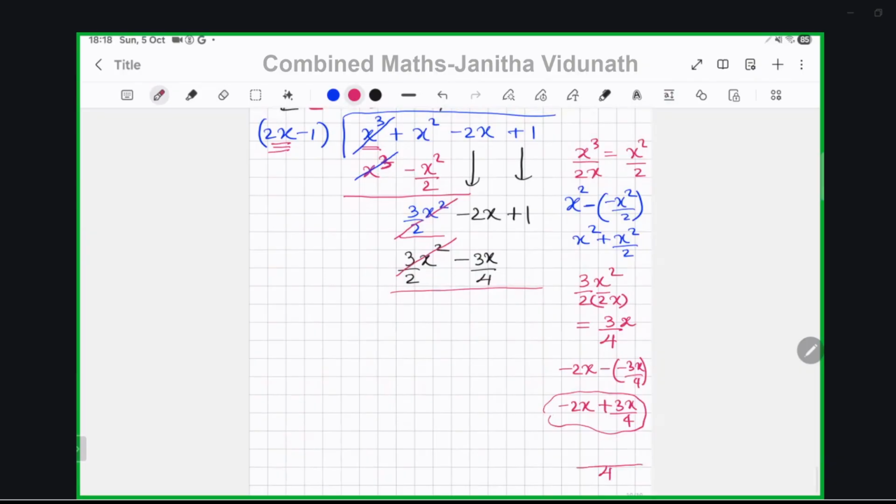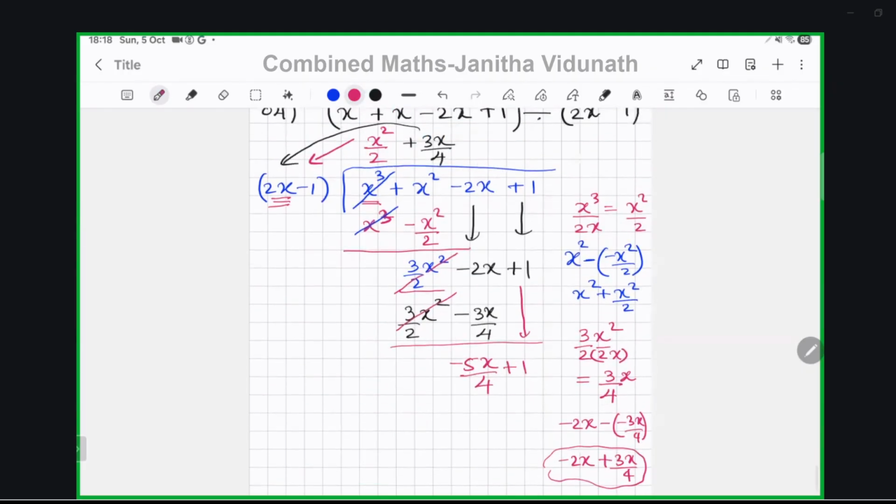Then we have minus 8x plus 3x over 4, that means minus 5x over 4. Then here remaining is minus 5x over 4. Then we need to bring down plus 1 from here.